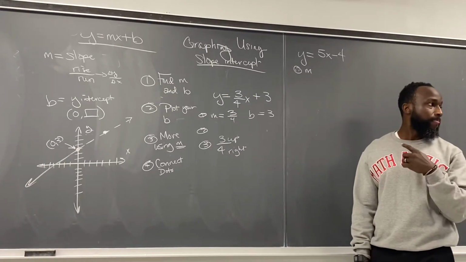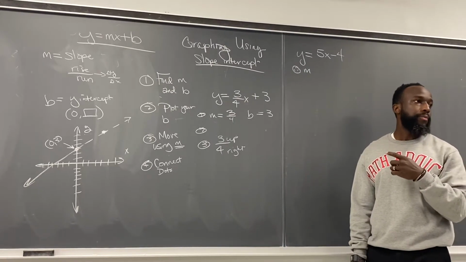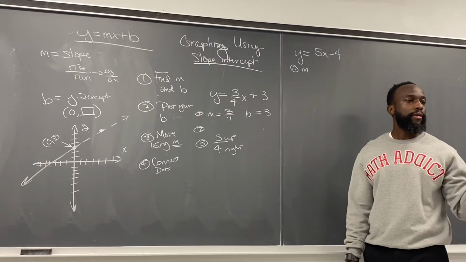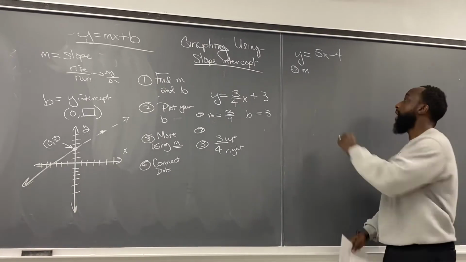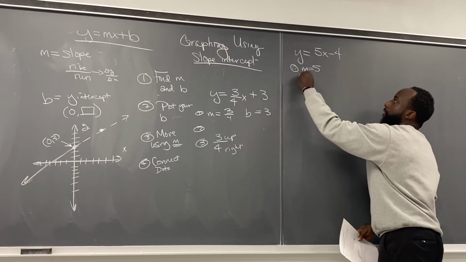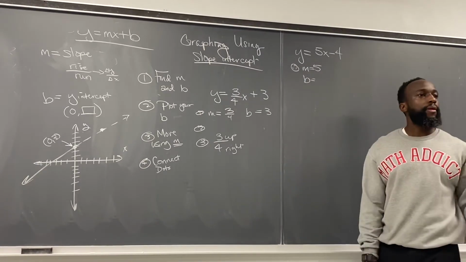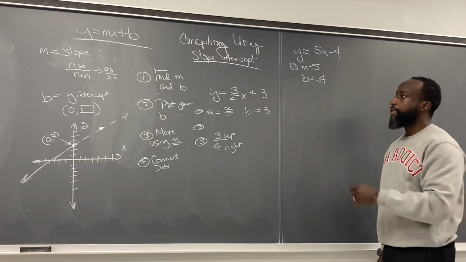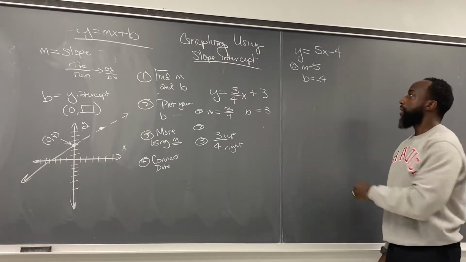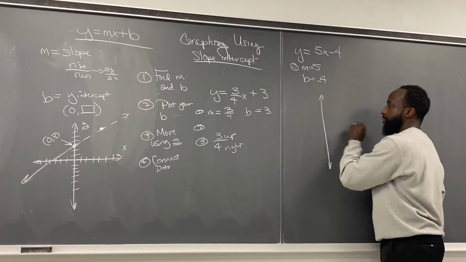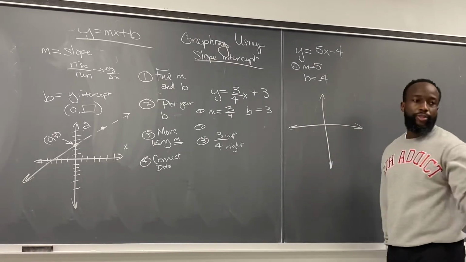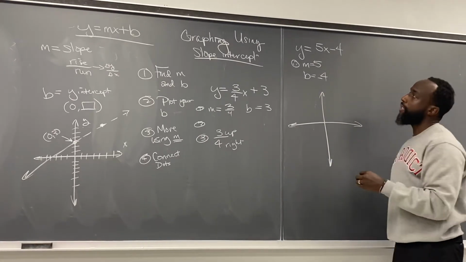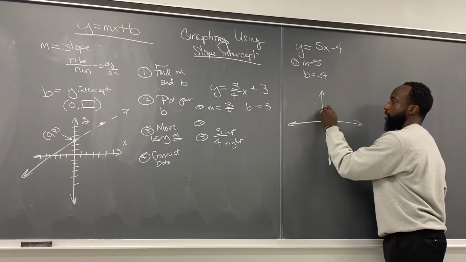The slope is 5. What's the y-intercept? Negative 4. So we found the slope and the y-intercept, and now we're going to plot our y-intercept. This would be number 2 in your notes. Your y-intercept is going to be at -4.